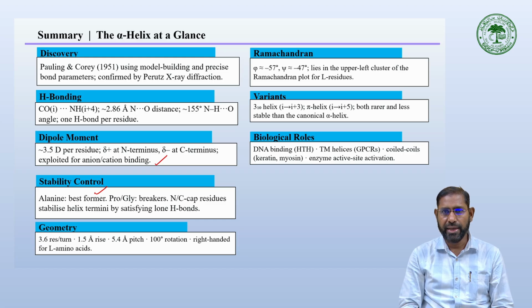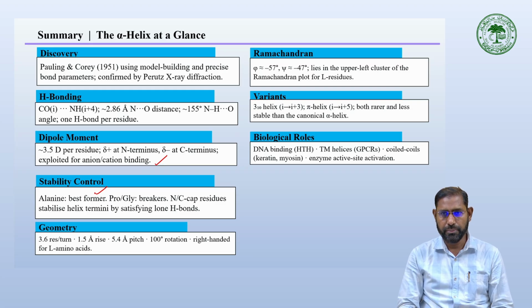Then the helix variants: the 3-10 helix has i to i plus 3 hydrogen bonding, then the pi helix is i to i plus 5, both rare and less stable than the canonical alpha helix. Then the biological role in DNA binding: the helix-turn-helix loop.